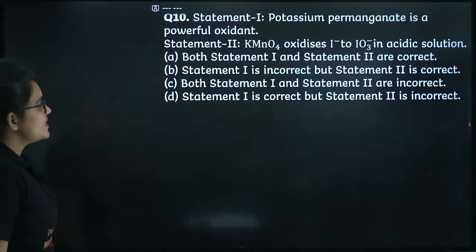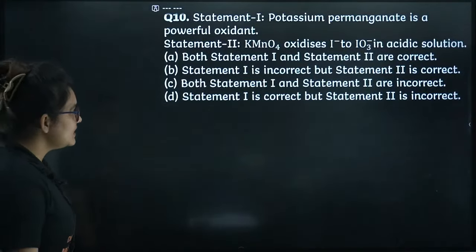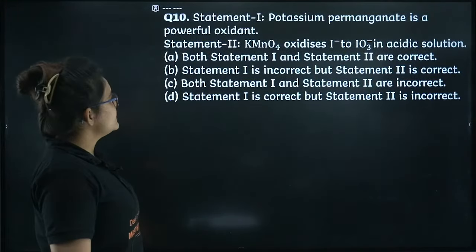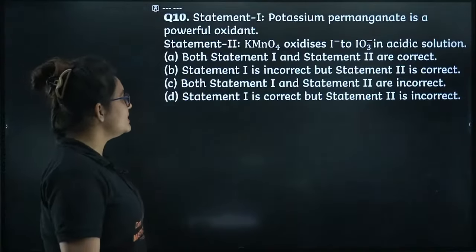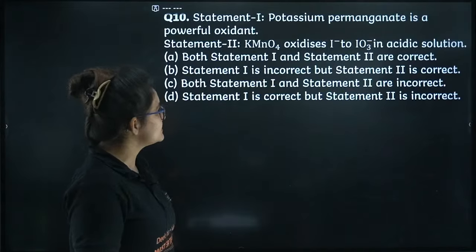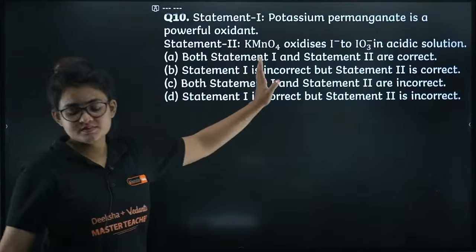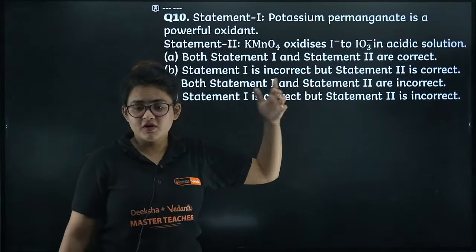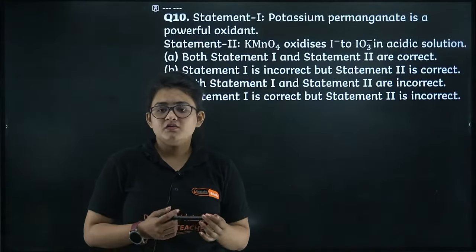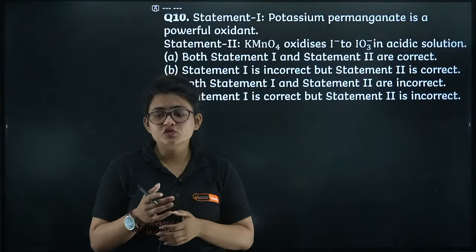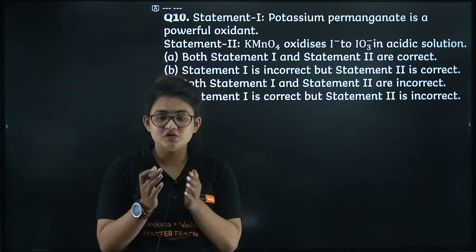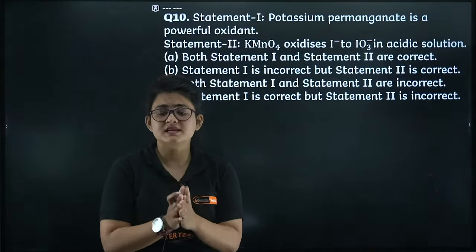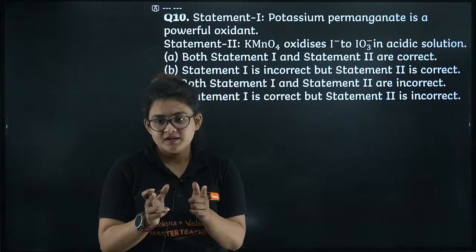Potassium permanganate is a powerful oxidant. Yeah, definitely true. Next one, you can see KMnO4 oxidizes I- to IO3- in acidic solution. So here comes a very important portion. Whenever it comes to I- to IO3-, it only happens in alkaline media, right?